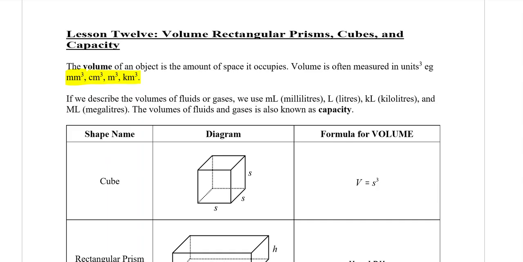However, if we want to talk about these volumes in terms of fluids, which means liquids or gases, then we want to turn them into things like milliliters, liters, kiloliters, or even megaliters. The volumes of fluids and gases is also known as capacity.